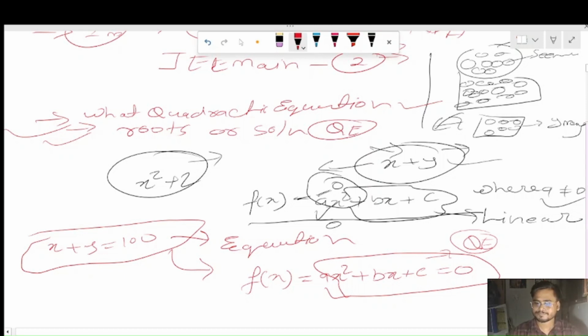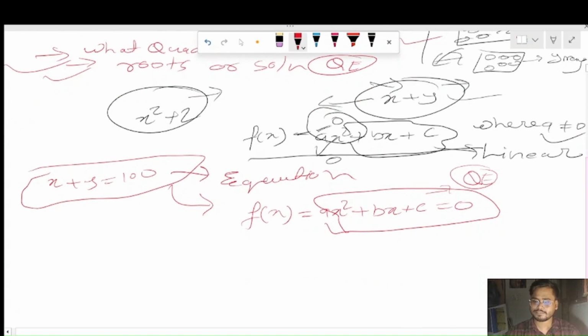There are a lot of applications of the quadratic equation. Like we can say there is a man whose age is x, suppose, and another man whose age is 5 years less than the first one. Then what will be the current age of the second man?